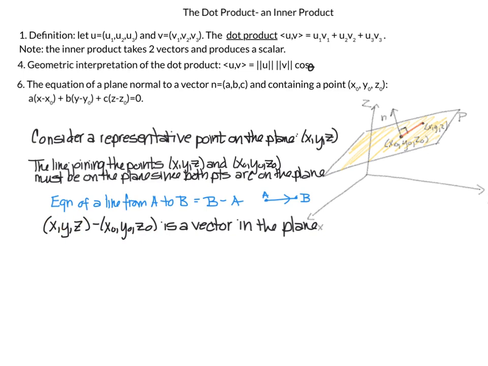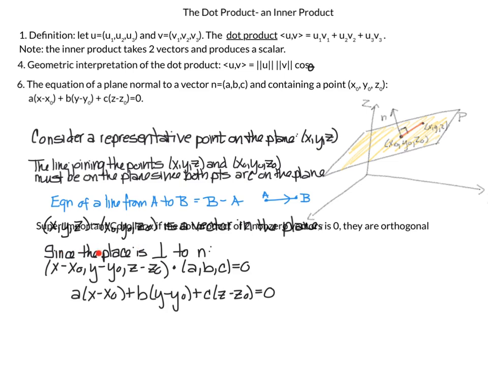Because these two points are both in the plane, this vector is also in the plane. Since the plane, and also the lines in the plane, are perpendicular to our normal, when we take this vector in the plane, which is x minus x naught, y minus y naught, z minus z naught, dot our normal vector A, B, C, it will be equal to 0 because they're normal, and by our very important corollary, that means their dot product is equal to 0.